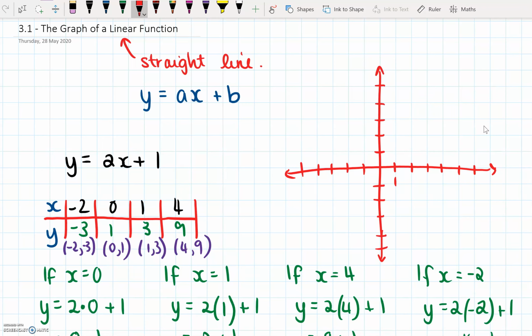Okay, so we have 1, 2, 3, 4, 5, 6, minus 1, minus 2, minus 3, minus 4, minus 5, 1, 2, 3, 4, 5, and you will see I put the numbers on the left of the y-axis, and that's because usually most of our work is in this top right. Okay, so we always put the numbers below and to the left.